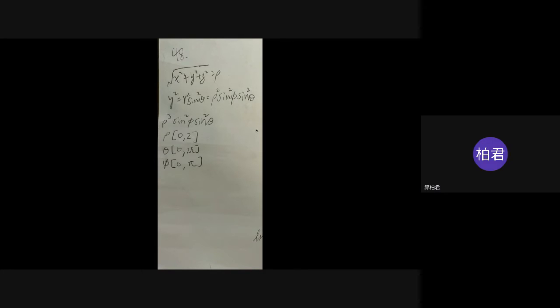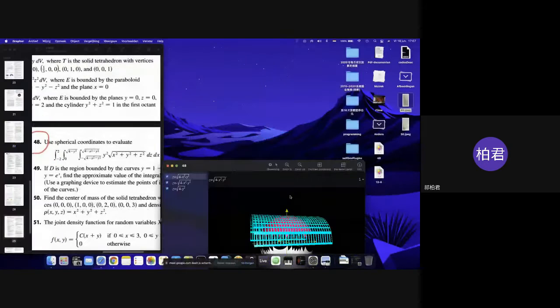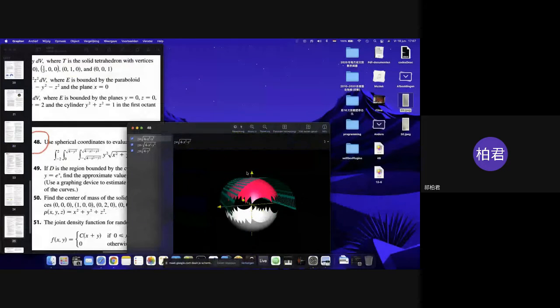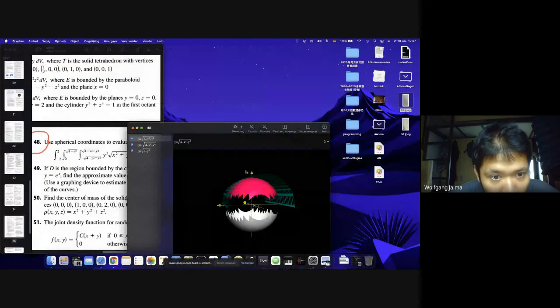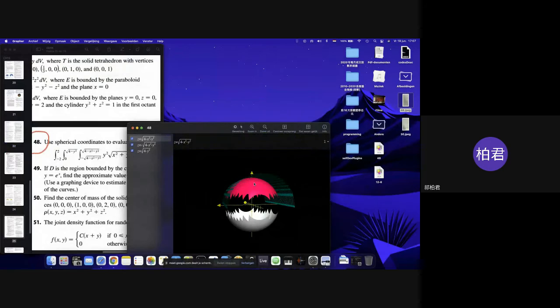So your question is whether your boundary is correct or not, right? Yeah, because when I draw on the graphics, you can see the phi angle is not from 0 to pi. They're separated.